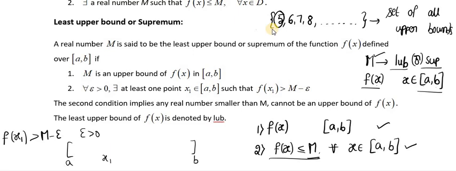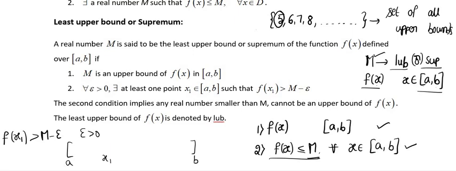Here we have less than or equal. So, the number less than M is M minus epsilon. Whenever these two are false, less than false, equal false, means greater than. Then M is called least upper bound.